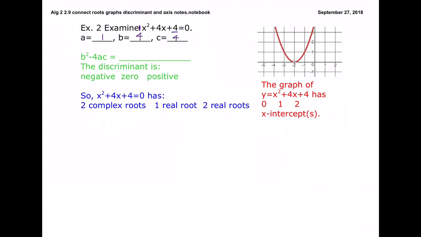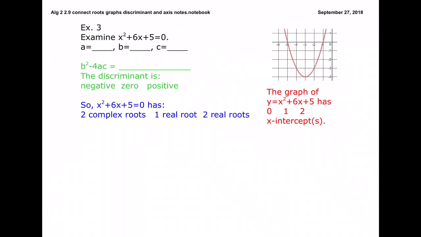When we plug those into our discriminant, 4 squared minus 4 times 1 times 4, we get 16 minus 16, which equals 0. So our discriminant is 0, which means we will have one real root. When you look at your graph, you can see that that real root is on the x-axis, which means we have one x-intercept.